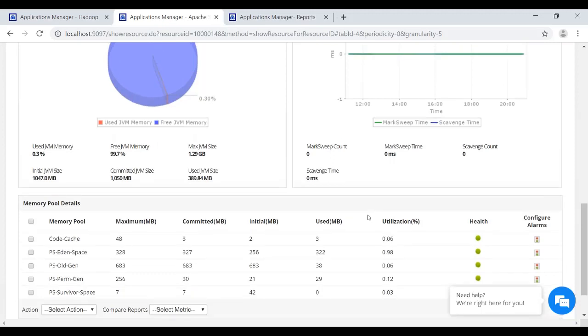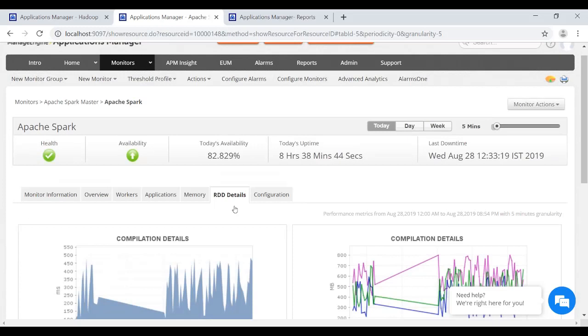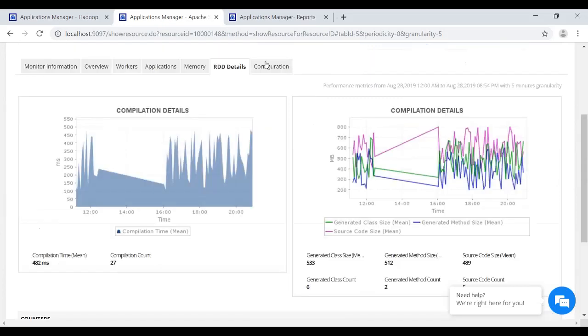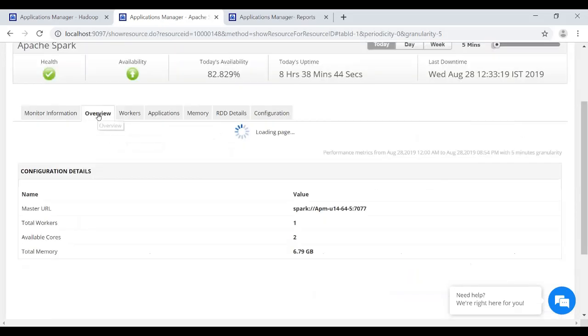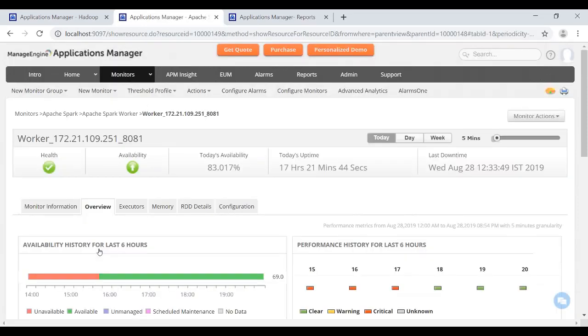The RDD details we were talking about in the presentation, the compilation details, the counters that are present in your RDD. And the configuration is basically just an overall configuration detail about your Apache Spark system. Let me click on this node here. And what we're seeing right now is basically details about the Spark slave node or the Spark worker or the Spark executor.